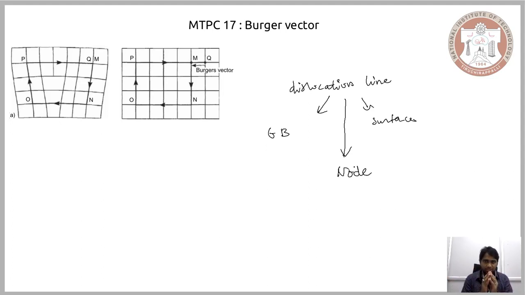So a dislocation line in a physical case will never end within a grain. It either ends at the grain boundary, or at the surface, or it terminates or splits into two at the node. So this is how we observe the dislocation line in a realistic material.